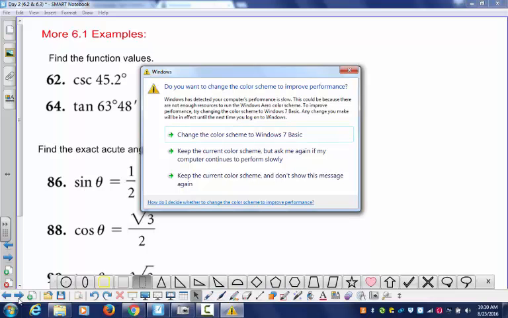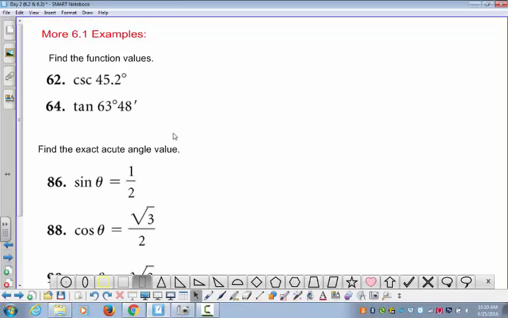Now, if you have an angle that's not a multiple of 30 or 45, or you don't have a triangle that has the correct side lengths for that angle, you've got to use a calculator. So for these two up here, we have to type it into our calculator. Now, if you look at most calculators, they will only have sine, cosine, tangent, and they won't have cosecant, secant, and cotangent, because they have limited space, and we already know that cosecant, secant, and cotangent are just reciprocals.